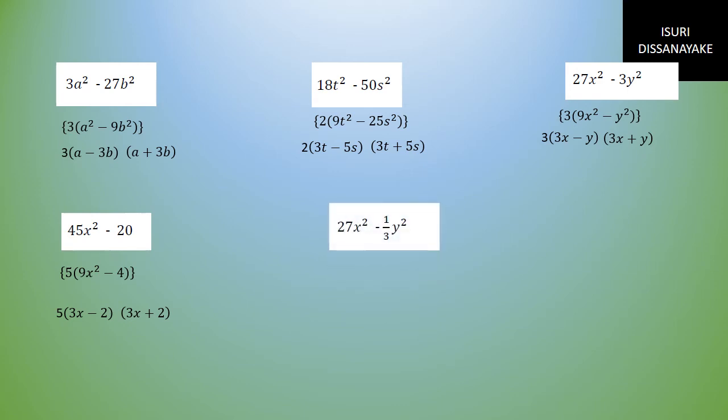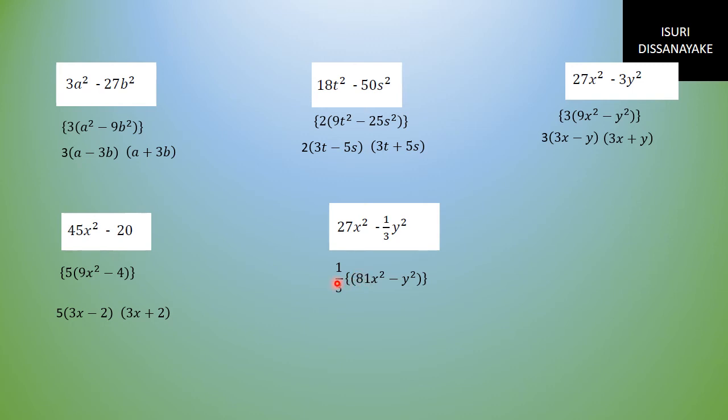Look at this sum. We have 27x squared minus 1/3 y squared. When you have a fraction, the easiest way to do this question is to bring this 1/3 out from the bracket. You multiply this 27 by this 3 and write it as the first coefficient here, which is 81.